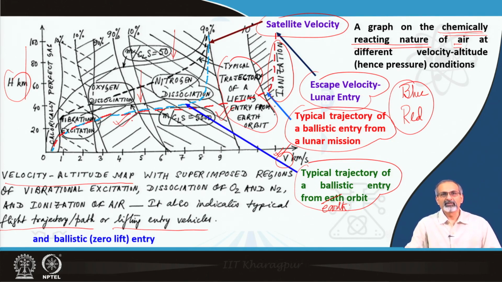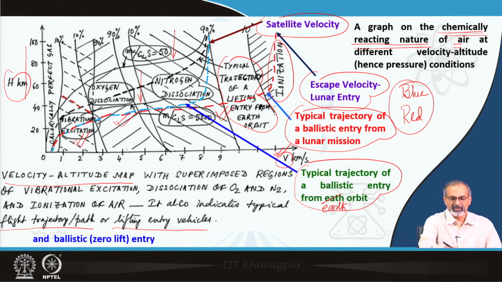If you think the other way, as you are speeding up, then you look at vibrational excitation, which begins at about 2 to 3 kilometers per second over a fairly wide range of heights reaching up to about 100 kilometers. There is not much variation in that corridor where you see these dashed regions indicating the vibration excitation.